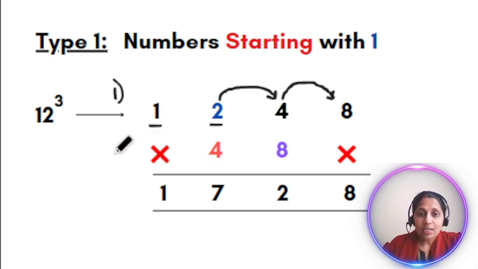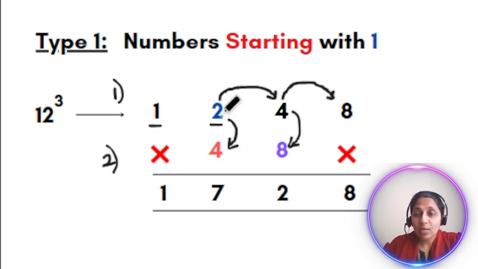And after that, the second step is to double your middle 2 digits alone. So doubling means multiplying by 2. So 2 times 2 gives you 4 and 4 times 2 gives you 8. Now the third step, which is our final step, is just adding up the numbers.